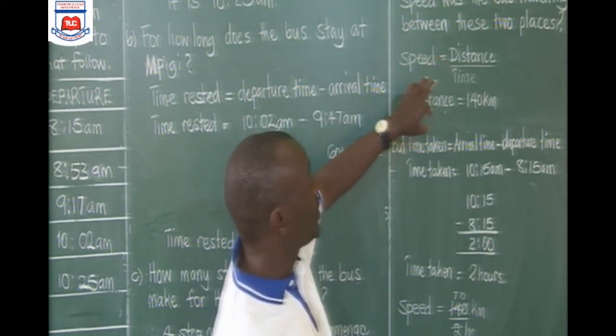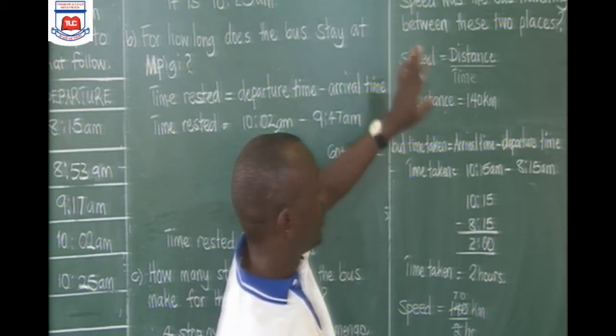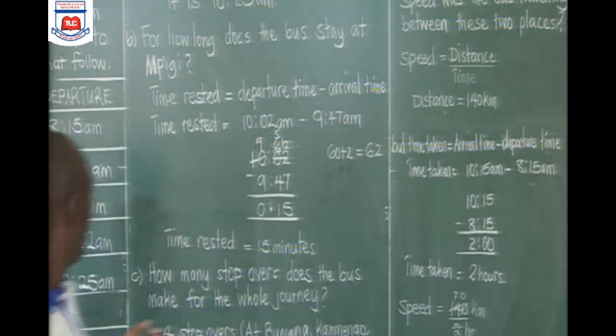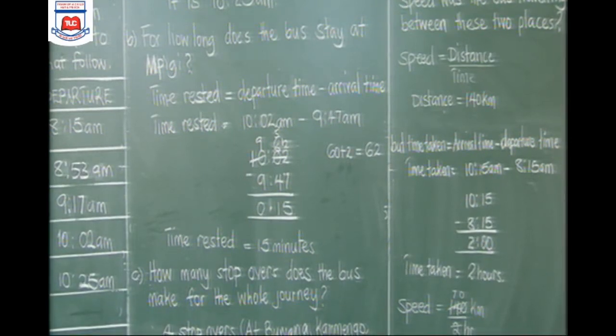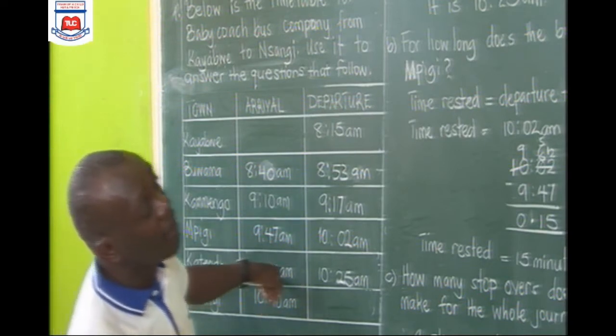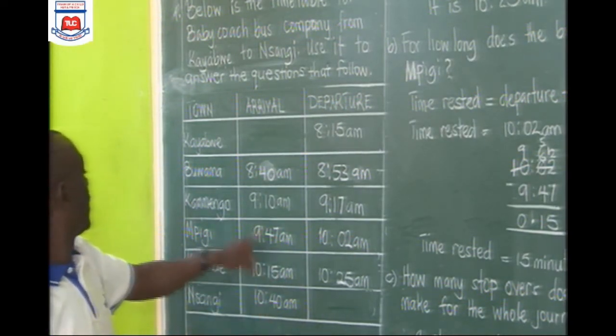So since it heads for Katende, then the arrival time at Katende is the one read here. The arrival time at Katende is 10:15 a.m. Then minus departure time from Kayabwe.